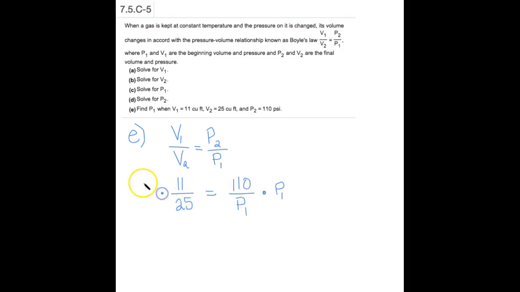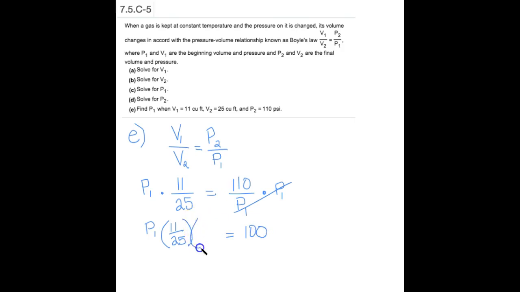What I could do is multiply by P sub 1, and what that'll do on the right is cancel those out. Now on the left, again, I want P sub 1 by itself. Right now I have 11 over 25 on that side of the equation with P sub 1.